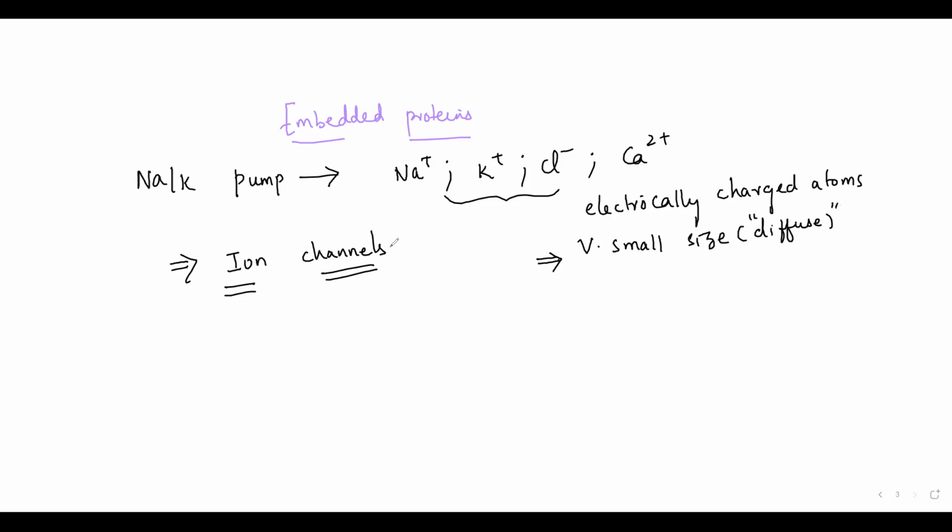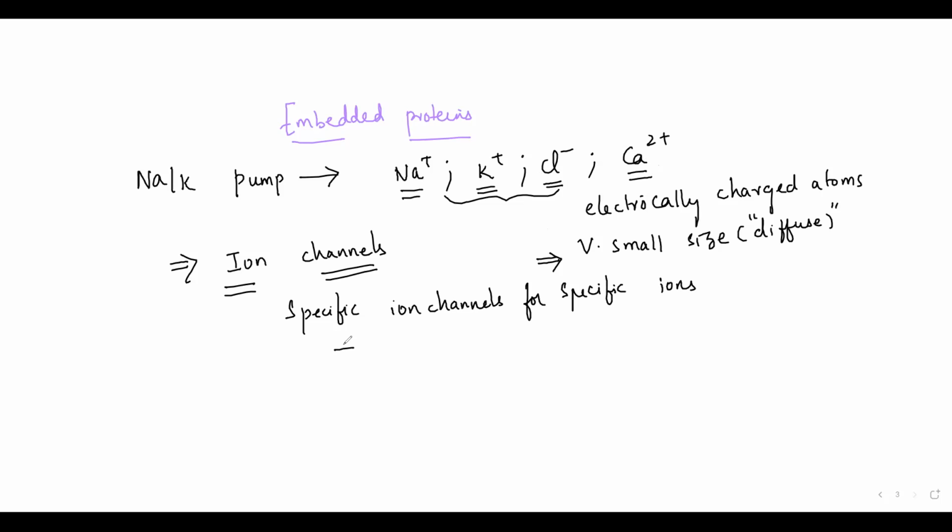These are the ion channels, and remember that every ion has its own specific channel. There are specific ion channels for specific ions. Like calcium has its own type of ion channel, sodium and potassium have their own sort of ion channels, and chlorine has its own ion channels.